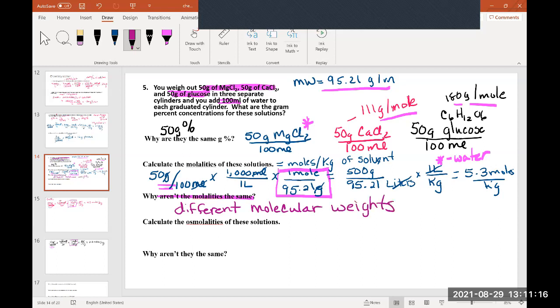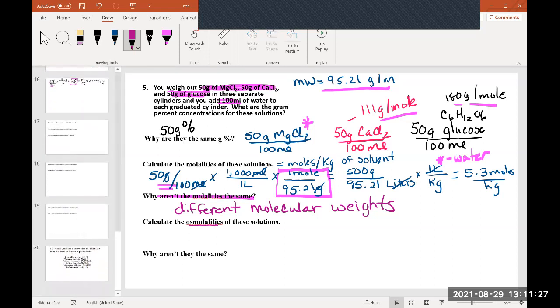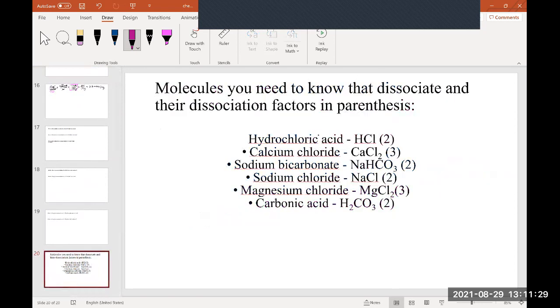All right, so now our next problem is to calculate the osmolality. Now, when we're going from molality to osmolality, we're talking about dissociation factors. And in your lab manual, it explains dissociation factors.